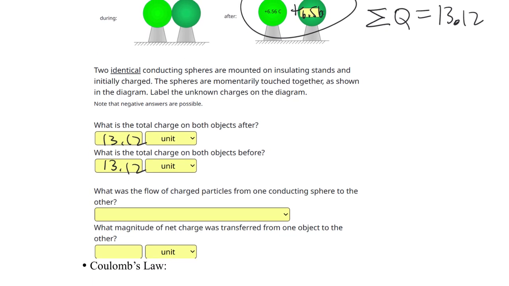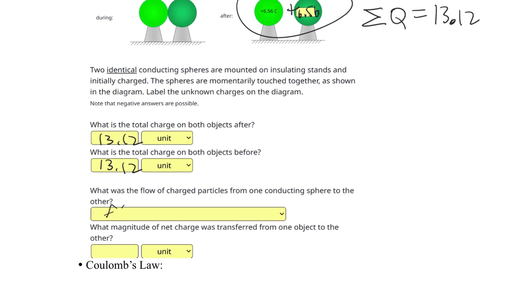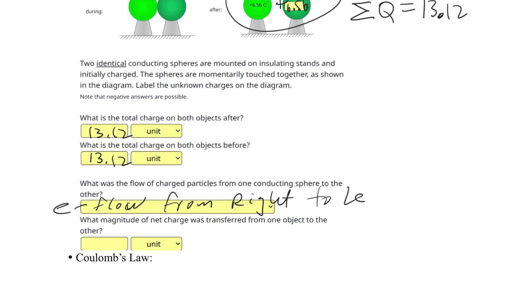So electrons flow from the more negative to the more positive, so right to left.